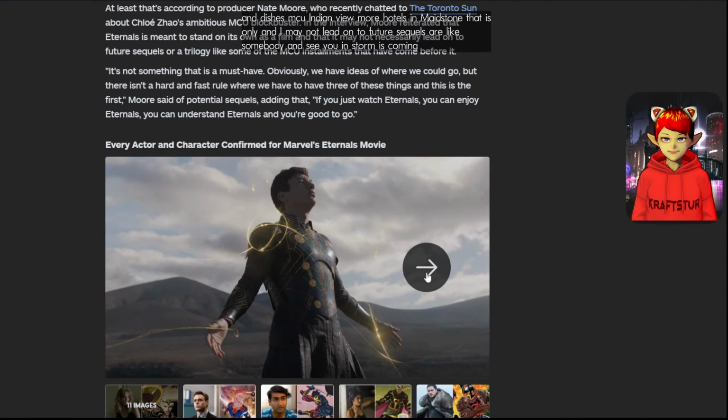"It's not something that is a must-have. Obviously, we have ideas of where we could go, but there isn't a hard and fast rule that we have to have 3 of these things, and this is the first," Moore said of potential sequels, adding that if you just watch Eternals, you can enjoy Eternals, you can understand Eternals, and you're good to go.